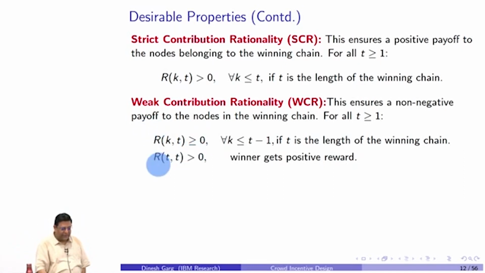This is a little weaker condition than this, right? Because this condition always implies this. Am I right? If it is true that every node in the winning chain is getting strictly positive reward, then these two conditions will be true. But the other way around need not be true, right? So this is called the weaker condition of contribution rationality.